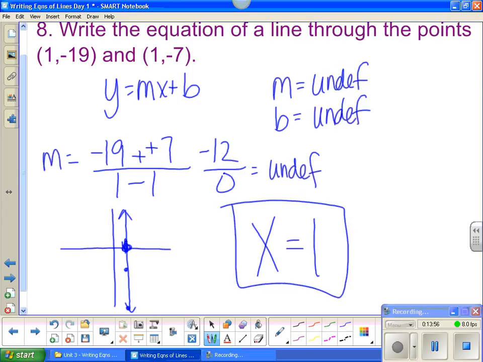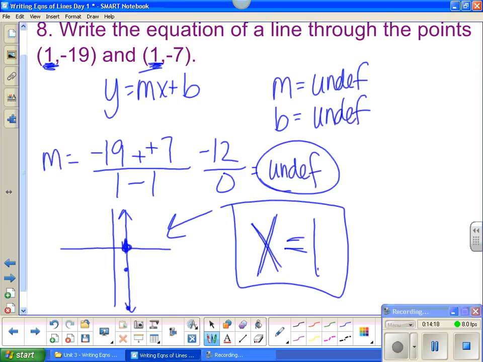That's your answer. Another way you can do this without having to graph it is, guys, look at your points. Do you see how the x values are the same? That means it's going to be x equals 1. Once you know your slope is undefined, you know this is an x equals equation. If it's x equals, it's going to be x equals the x value of your points.